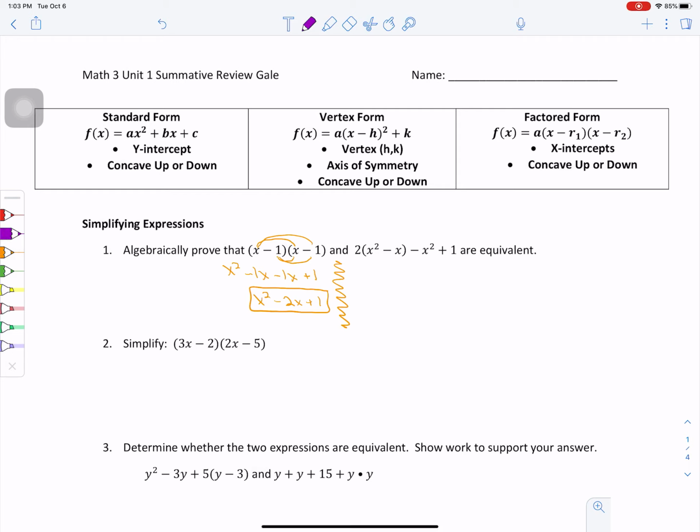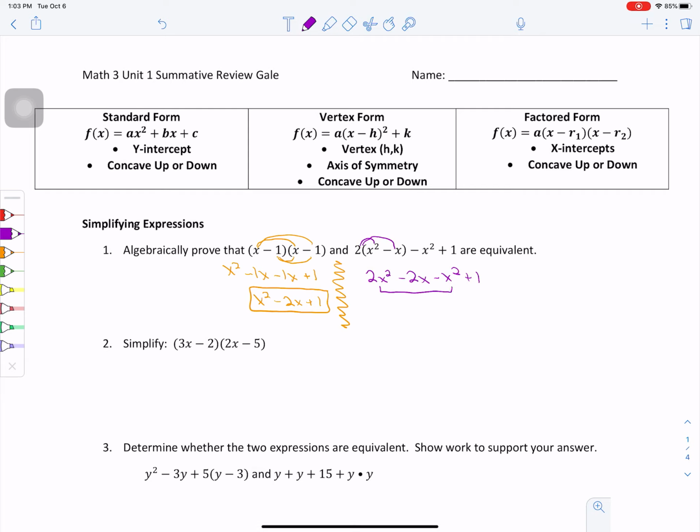Now we're going to do the same thing to the other side. 2 times x squared is 2x squared. 2 times negative x is negative 2x. Then we bring down the negative x squared and the plus 1. And now all I'm going to do is combine like terms.